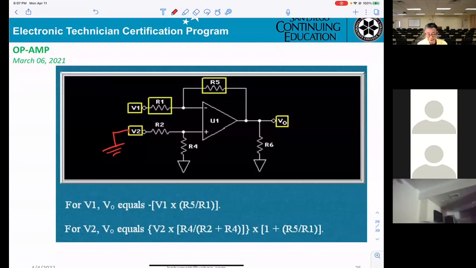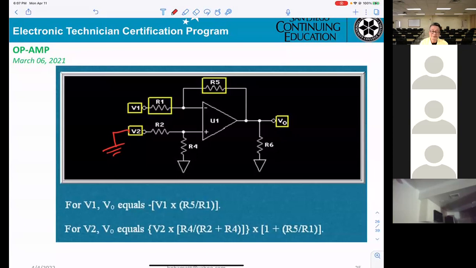So now if you're looking into that, what is the name of this configuration? Inverting, correct. You understand inverting. The thing is, the op-amp's positive input connects to the ground.